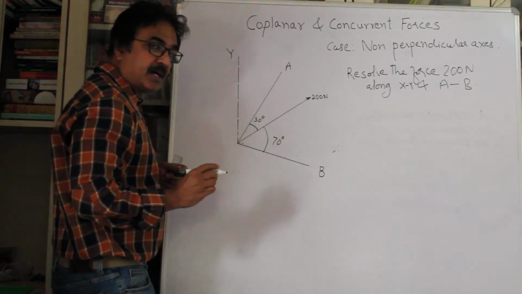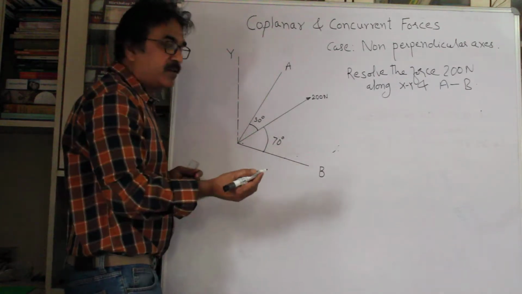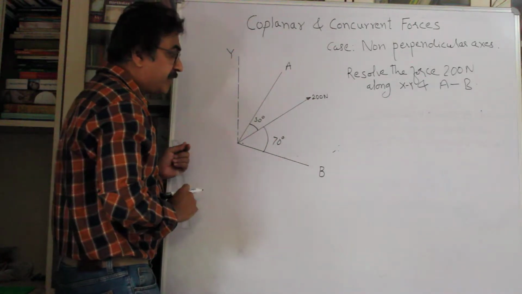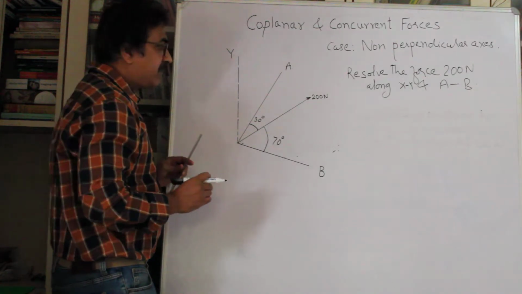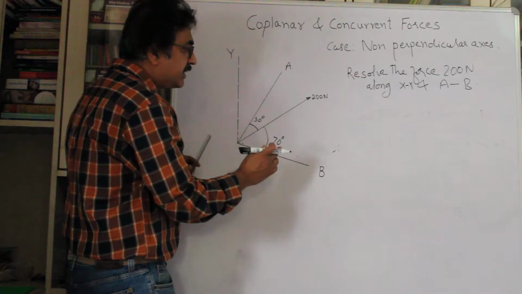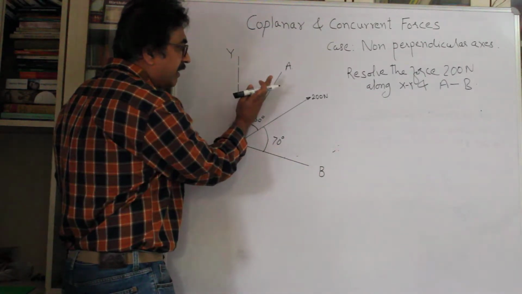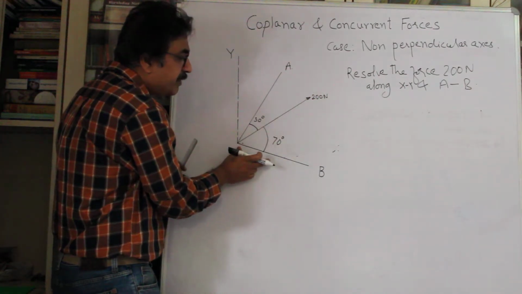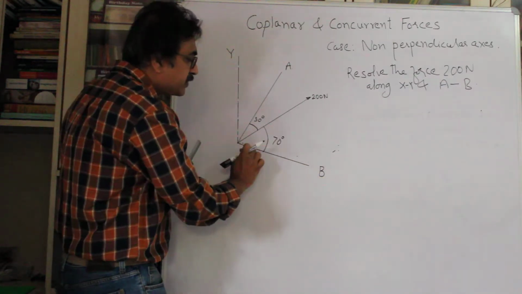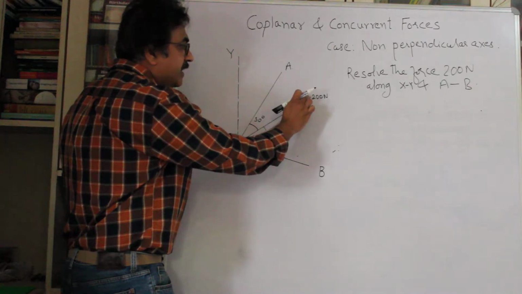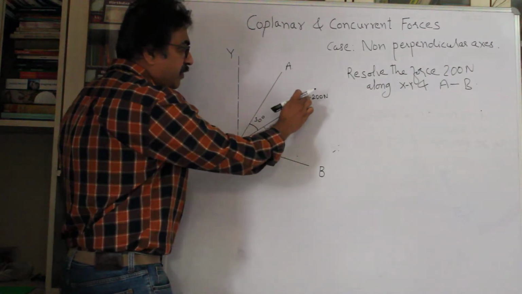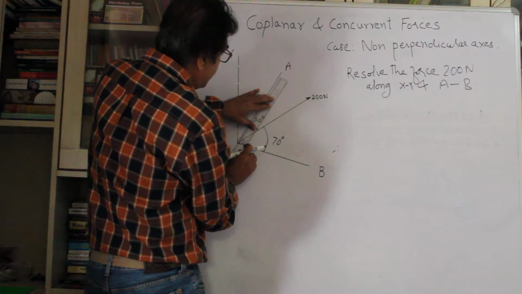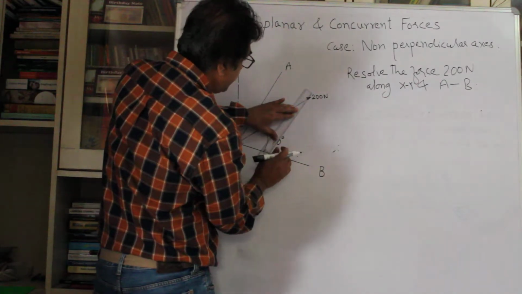Okay, so how will you complete the parallelogram? This is not drawn to scale because we don't know the magnitudes. We complete the parallelogram: we have the resultant, and we draw a line parallel to this from the tip of the resultant, and wherever it cuts, that's going to be the magnitude of force B. Then a similar procedure: draw a parallel line from the tip of this arrowhead, and you will get the magnitude of A. So I'll do that.